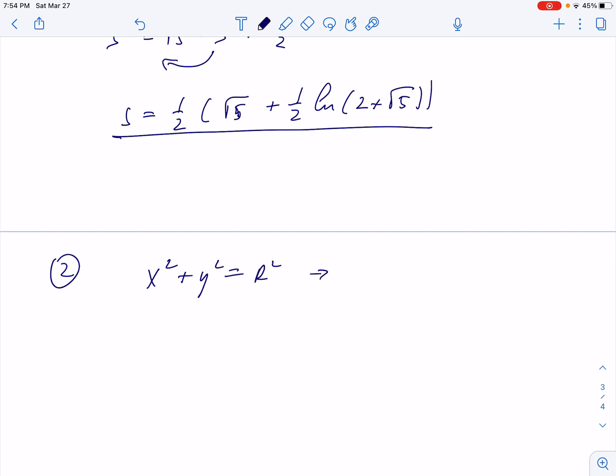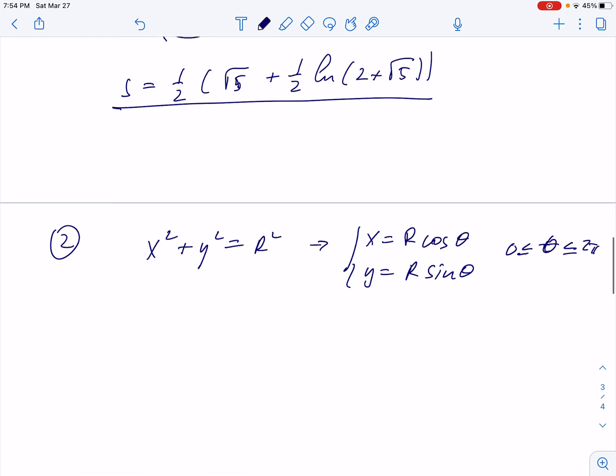It has parametric representation x equals r cosine theta, y equals r sine theta, and we're changing theta between 0 and 2 pi, one complete tracing of the circle once.